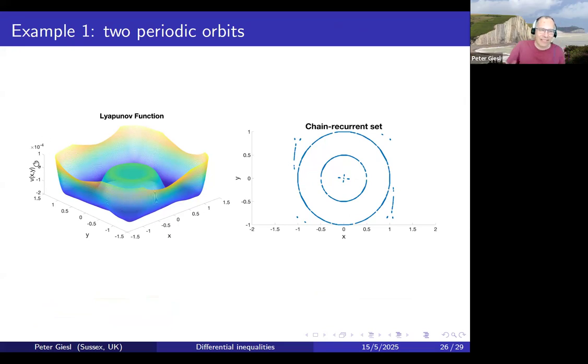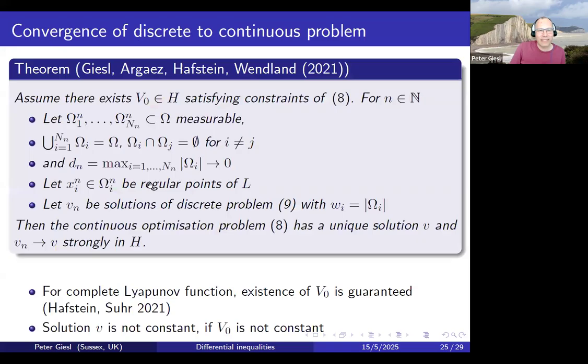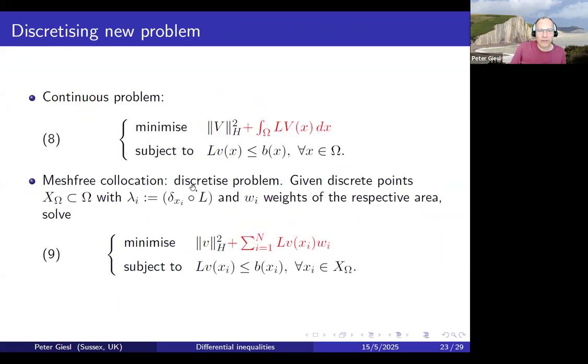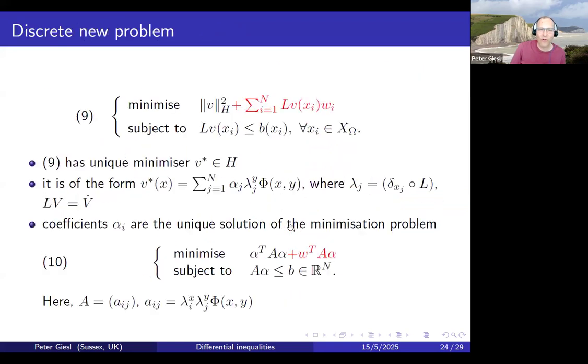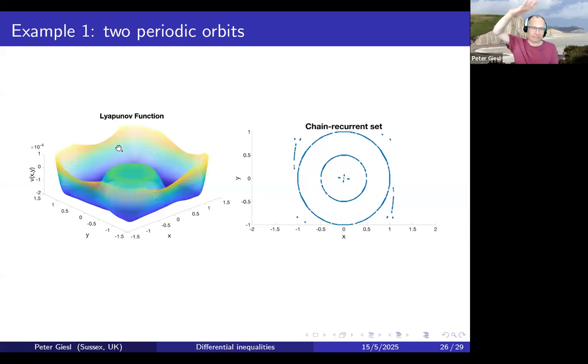It's 10 to the minus 4, and the reason is that we're still minimizing the norm of V, so it wants to be as close to 0 as possible, but the thing that pushes it away from 0 is this term in the cost function. But overall, it means that the scale really is quite small.